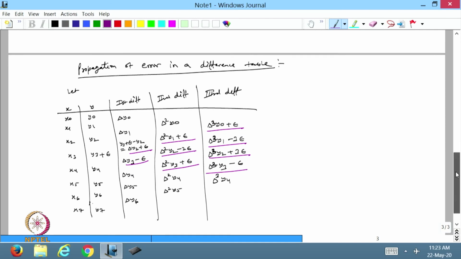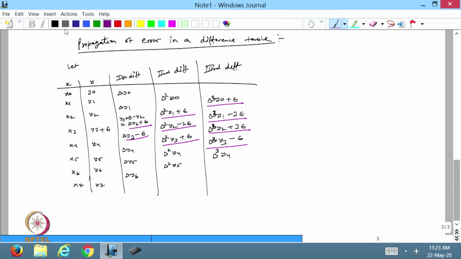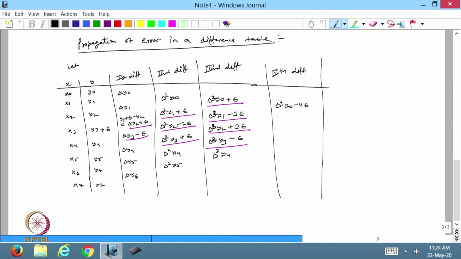So, from here you can see that if I take the next one, the 4th difference. So, in this case, this minus this, that will be del 4 y naught, this minus this. So, it will be minus 4 epsilon. This minus this will be del 4 y 1, this minus this.